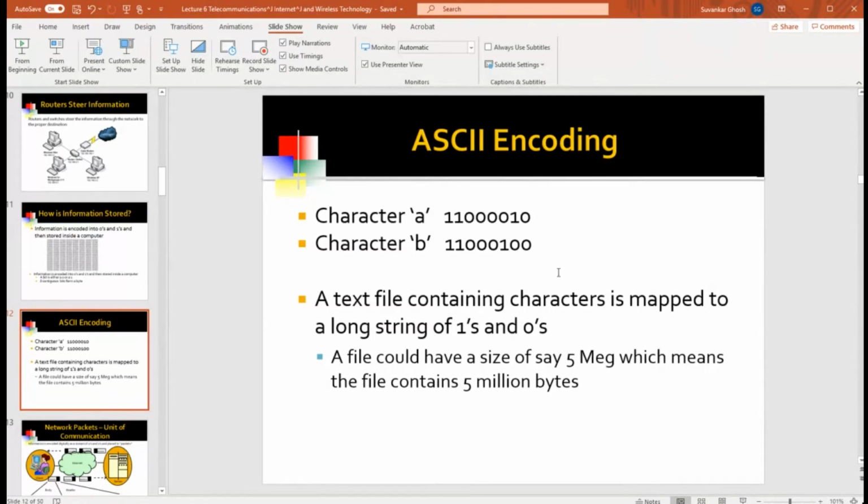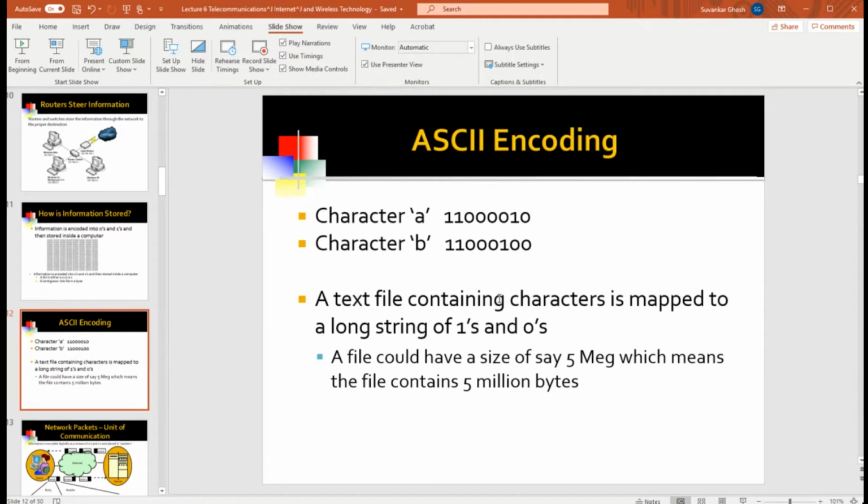It maps each character into a set of 8 bits, so each character has a distinct pattern of 8 zeros and ones.